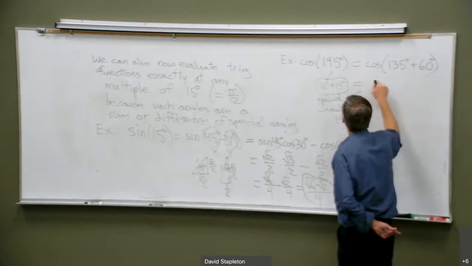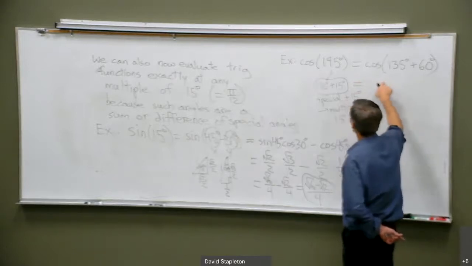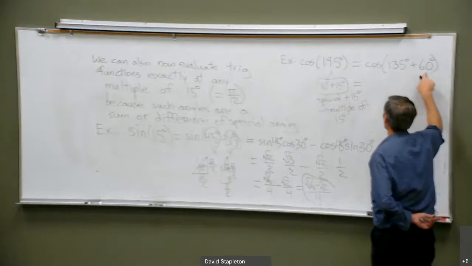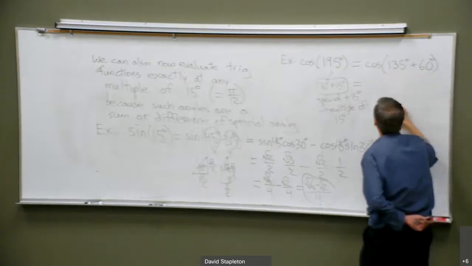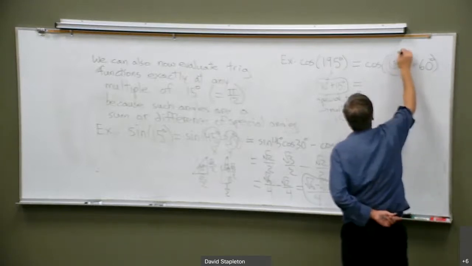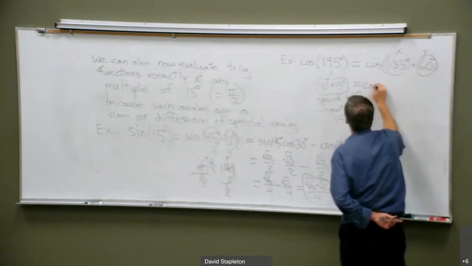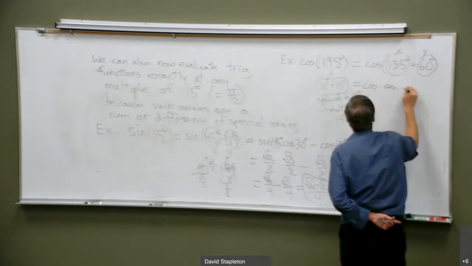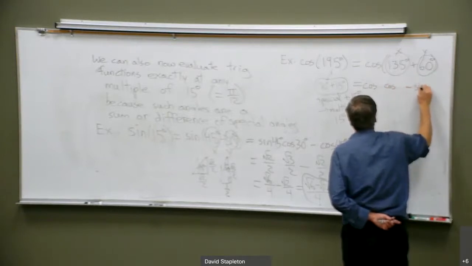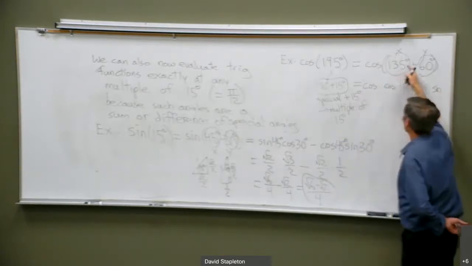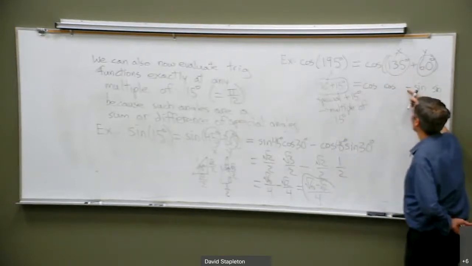So now I apply the sum of angles identity for cosine. So this time it'll be a sum formula for cosine. If I think of this as x and this is y, remember, cosine of x plus y is cosine minus sine. For the cosine identity, plus goes with minus.